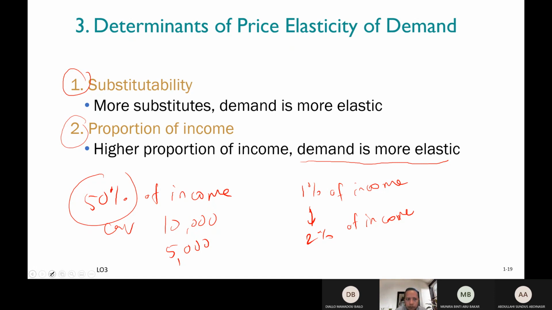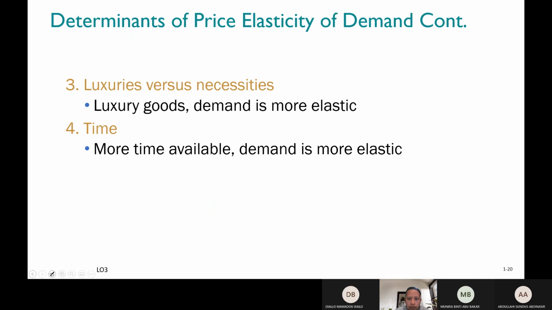And then factor number 3: if you compare the type of good, either it is a luxury or it is a necessity. Necessities, for example, if you need water, no matter what, you still pay for it.